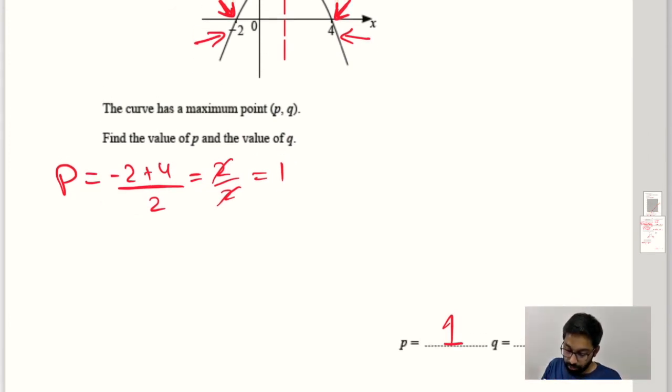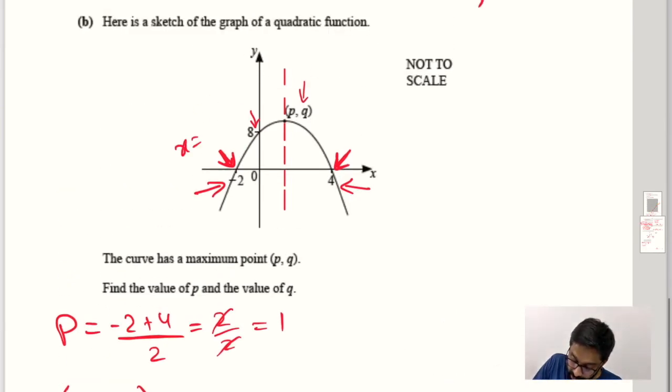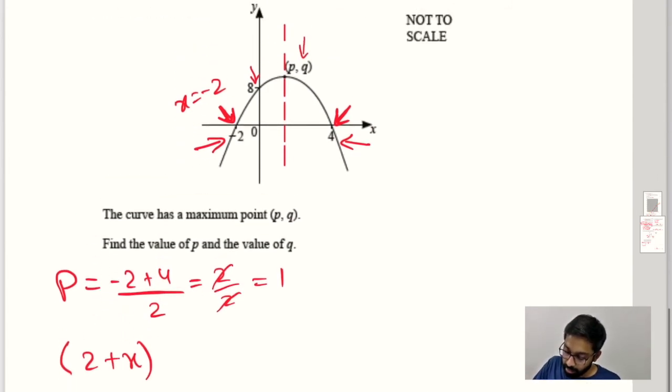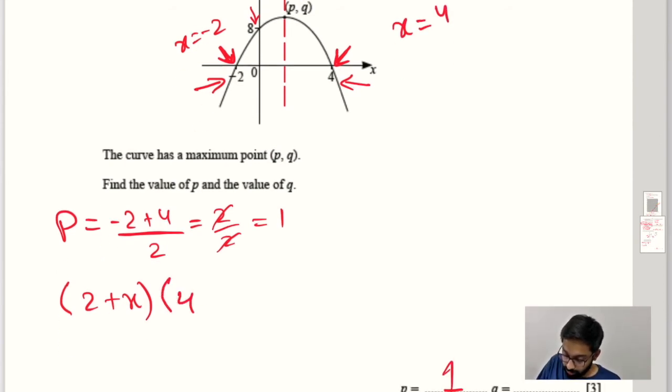The first factor is 2 plus x, because if over here x is equal to -2, then x plus 2 would be equal to one of the factors. The second one is x is equal to 4 over here. So you can write 4 minus x as the second factor.